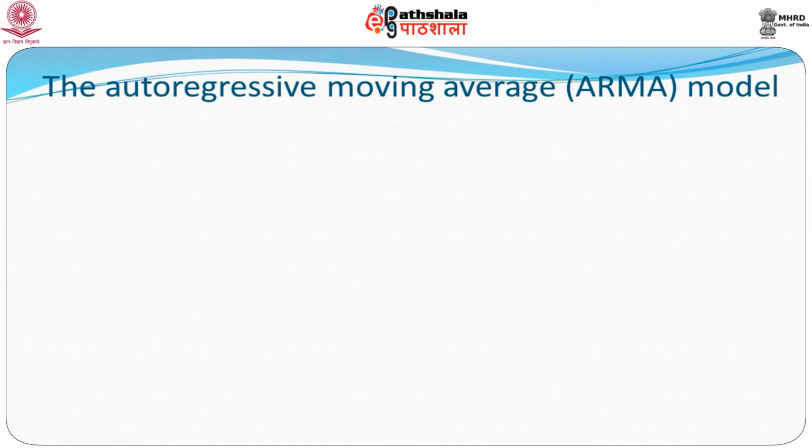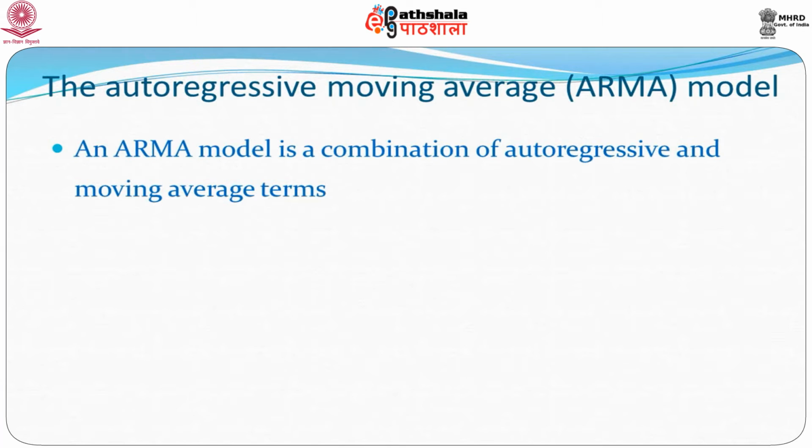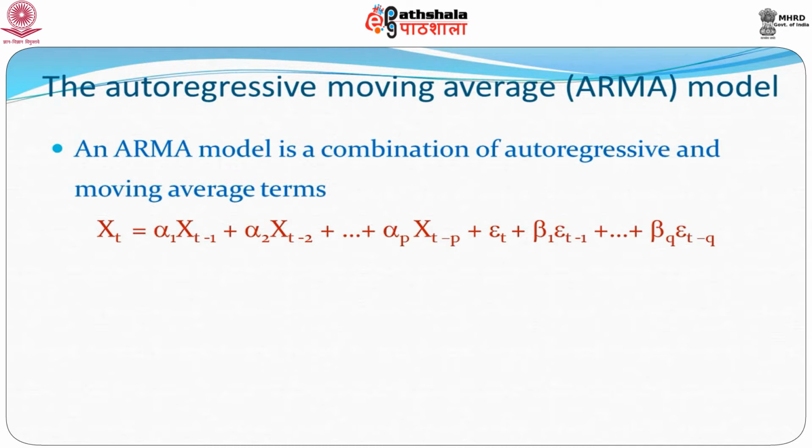Let us look at the autoregressive moving average model, or in short the ARMA model. An ARMA model is a combination of the autoregressive and moving average terms. So, we have x_t, which is alpha_1 x_{t-1} etcetera up to alpha_p x_{t-p}.